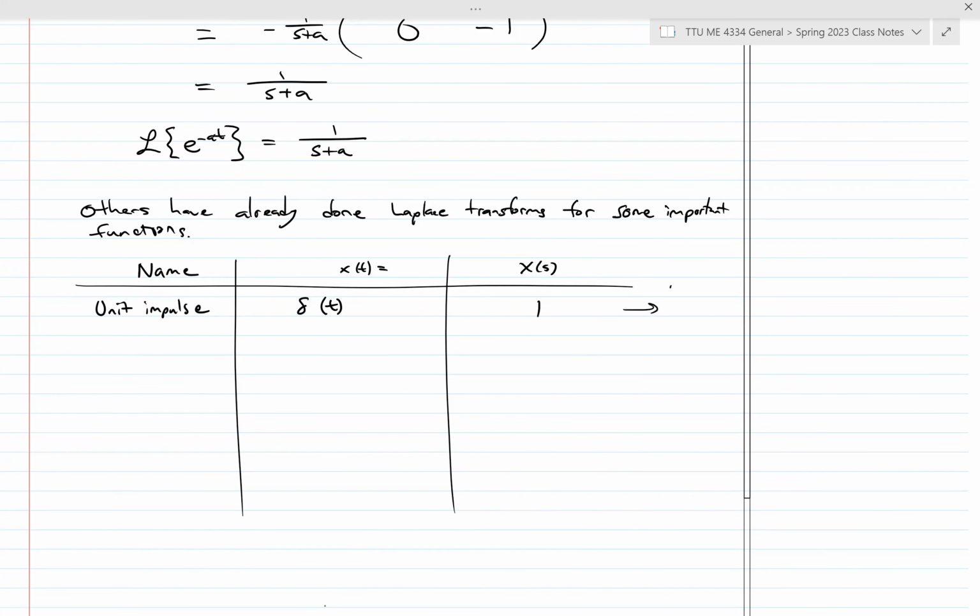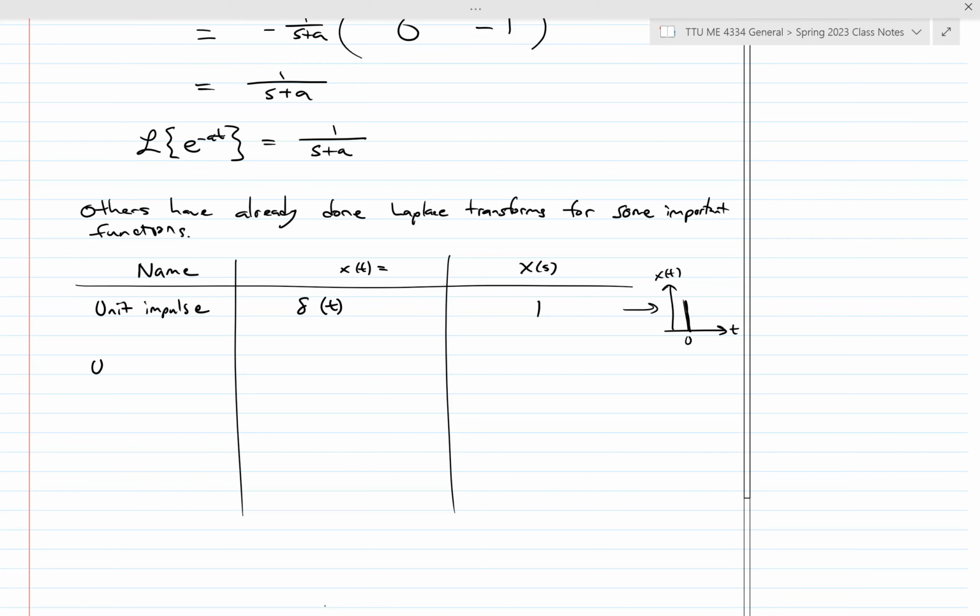An impulse looks like this as a function of time, if this is t is equal to 0 right here, right? The magnitude of its output will be infinite for a very brief period of time, an infinitesimally small amount of time, right? It's an impulse, it's an impact event, right?